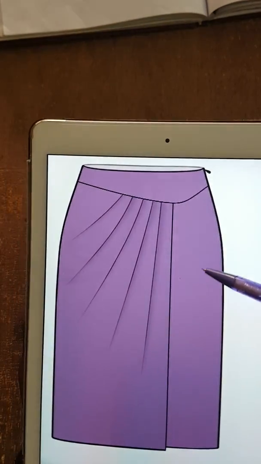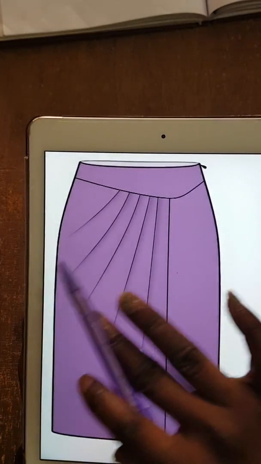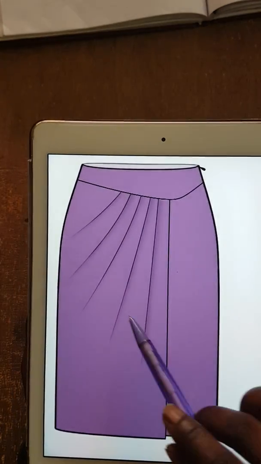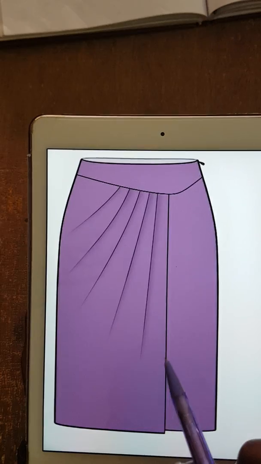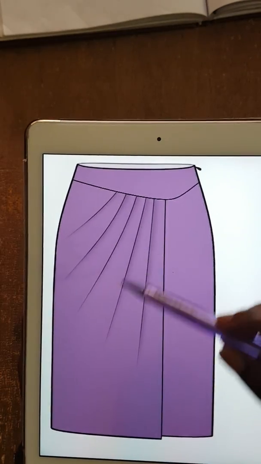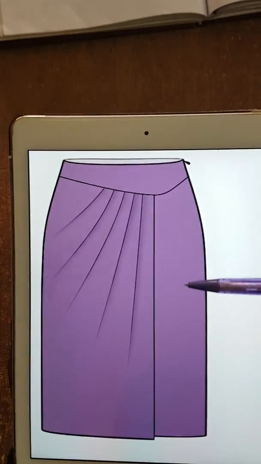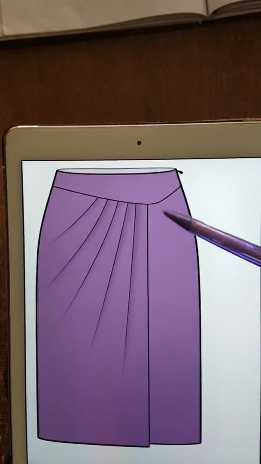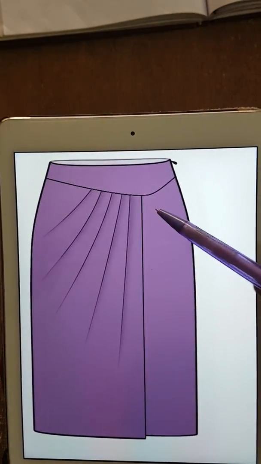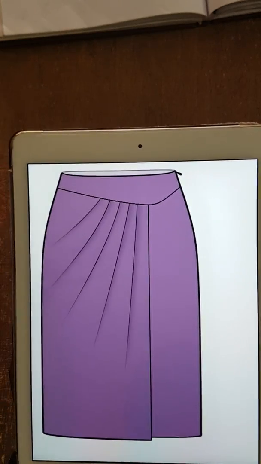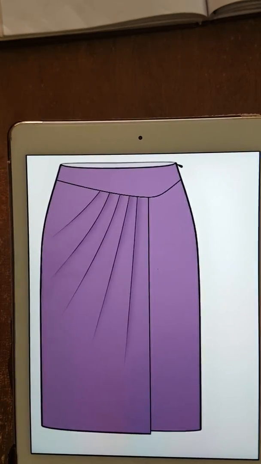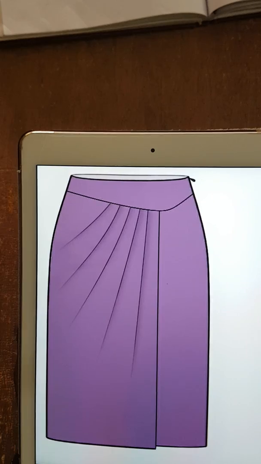It means that you have a full front skirt underneath, and it's only this overlap that we're going to drape like so. Even if the underneath front skirt is an asymmetrical design, the process, like I said, is the same. So I'm just going to be illustrating this.